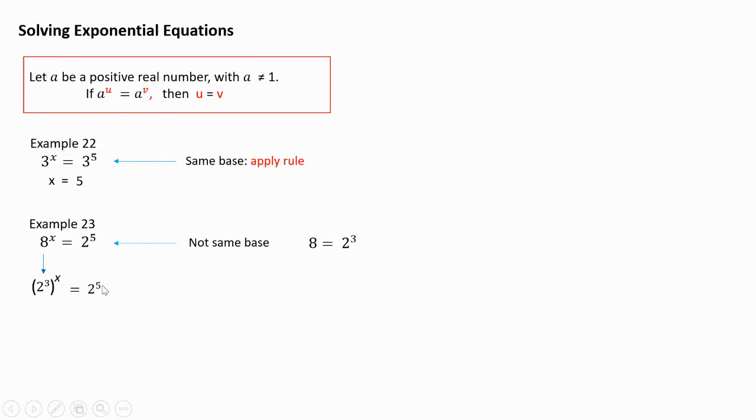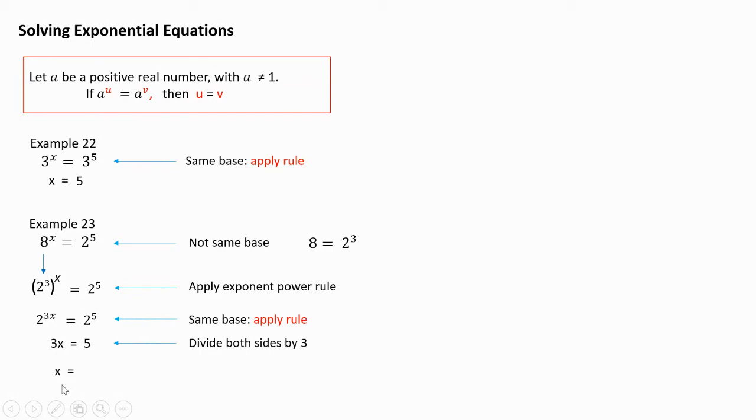Now we're going to execute the exponent power rule, which means we multiply the powers. So 3 times x will give us 3x. When we have the same base, we can apply the rule now. So 3x must equal 5. And then we solve for x. Divide both sides by 3, so x equals 5 over 3.